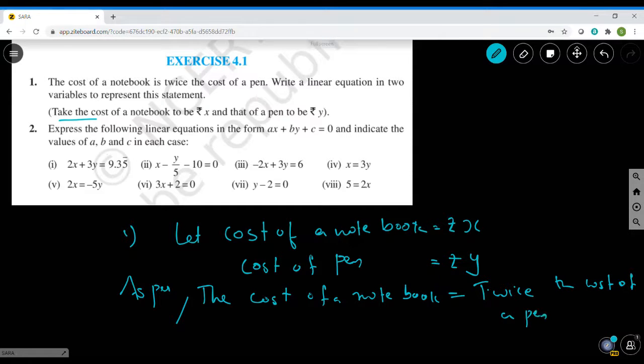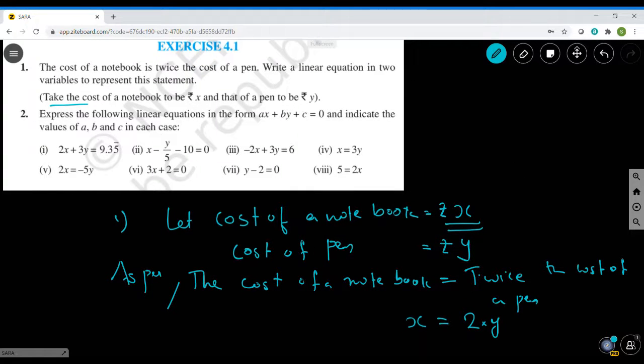The cost of a notebook we took as x. x is equal to twice the cost of a pen, meaning 2 into y. So we now got x is equal to 2y. This represents the situation.